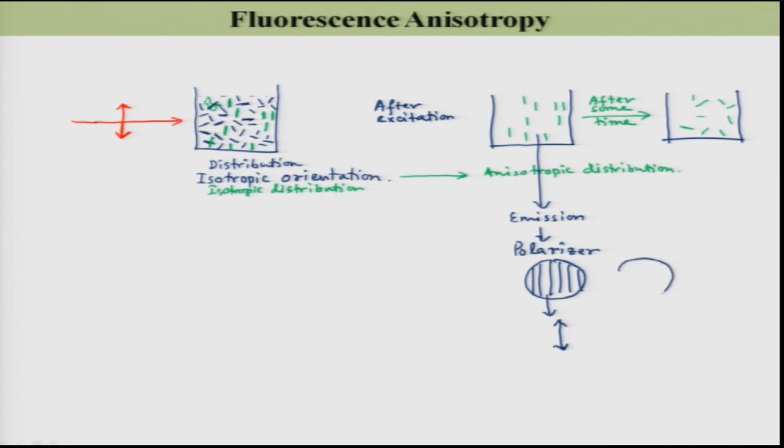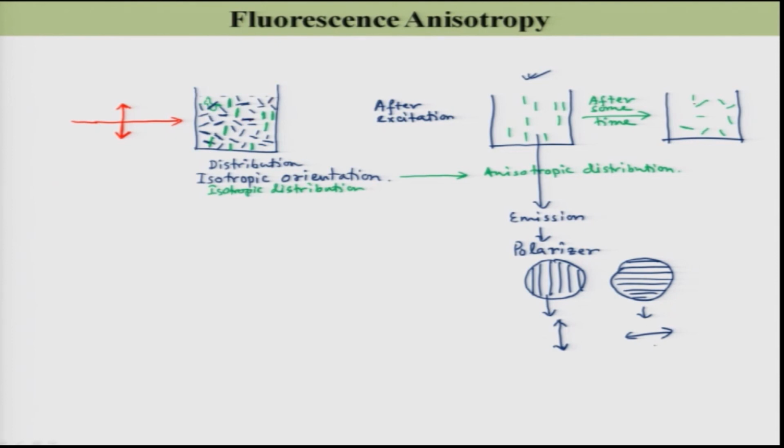If it is set this way, it will pass light which is horizontally polarized. In this case, just after the excitation, the intensity of vertically polarized light will be more compared to this intensity.